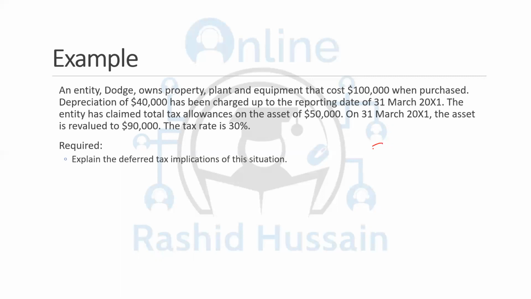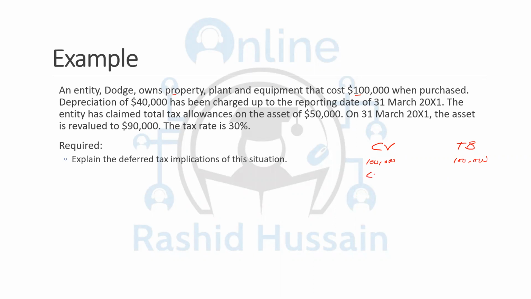So I've told you that you are supposed to compare the carrying value with the tax base. An entity Dodge owns property, plant, and equipment that cost $100,000 when purchased. Fine, $100,000 is the cost. The cost remains the same for the tax base. The depreciation of 40,000 has been charged up to the reporting date.